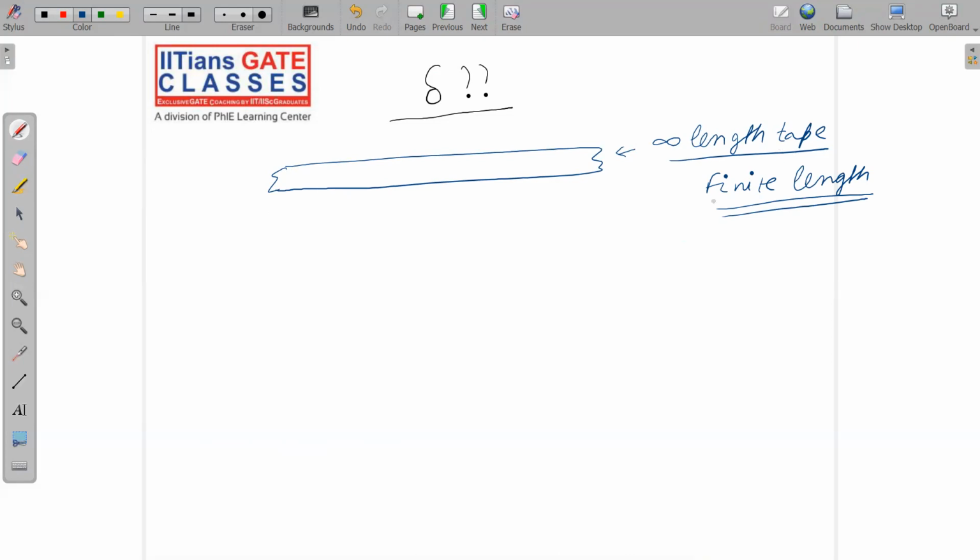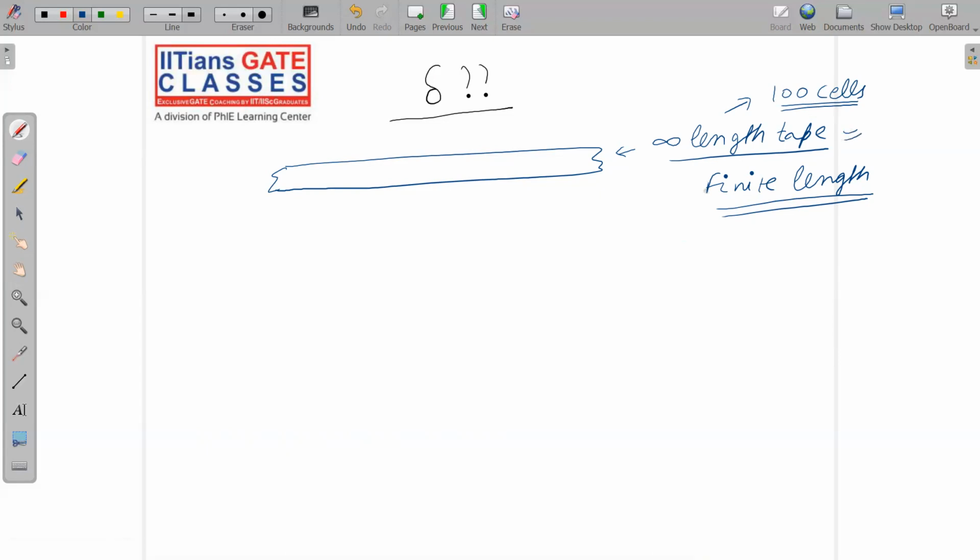No doubt each and every string is of finite length, but if you take a finite length tape, say a tape of 100 cells, then you can store only 100 symbols in it. Directly or indirectly I would be saying that the string cannot be more than 100 length. This is not the case. We can give a string of any length. So hence to accommodate that string properly, we have taken the tape as of infinite length.